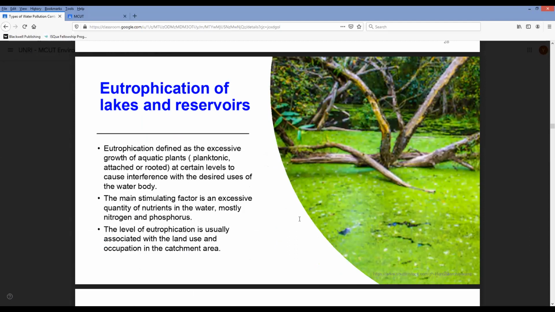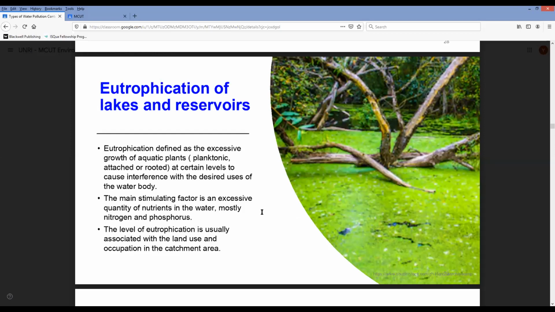Eutrophication is usually defined as excessive growth of aquatic plants, at a certain level, to cause interference with the desired use of the water body. As you can see from the photo on the right, there is so much green algae on the lake. So this is eutrophication.